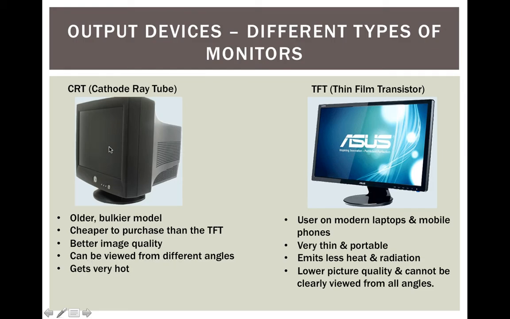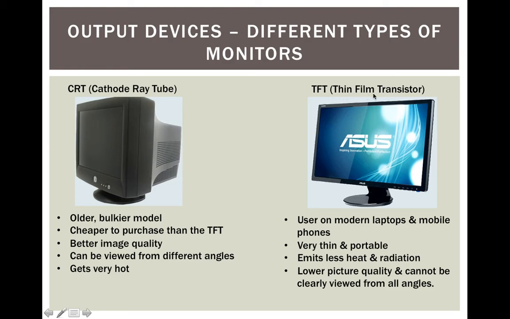You can actually see what's on a CRT monitor regardless where you stand around it in angle. And one of the problems with them is that they actually get very hot because they have this torch that produces the light at the back of the box. It's not unheard of for these to catch fire as they get very, very hot. A TFT is the alternative, which is known as the thin film transistor.